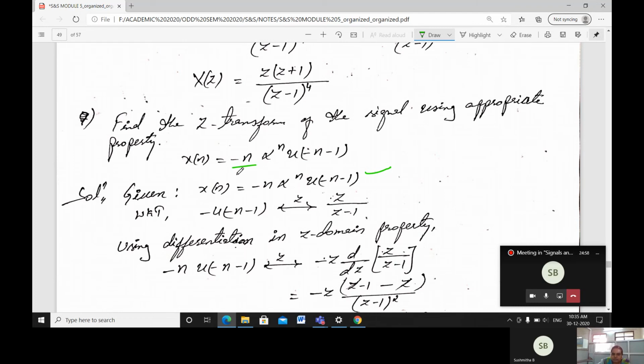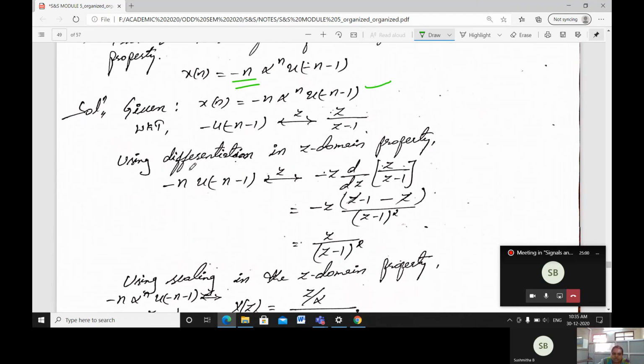Here, observe that minus n is there. Using the differentiation property, the z transform of minus n u of minus n minus 1 is going to be minus z d by dz of z divided by z minus 1. Then differentiate this, you will get z divided by z minus 1 whole square.